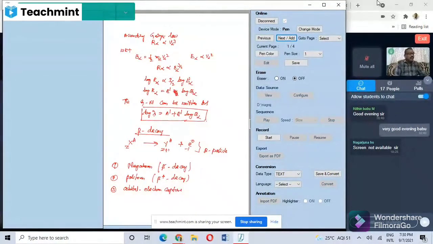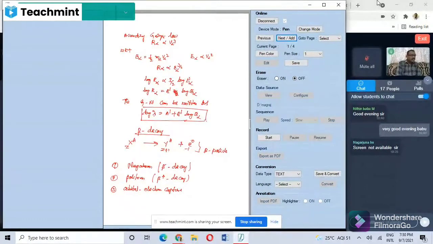That means during the emission of a beta particle, it may emit either an electron or a positron, or capture one of the orbital electrons. So based on this, the beta decays are classified into three types: negatron emission or electron emission, positron emission or beta plus decay, and orbital electron capture.